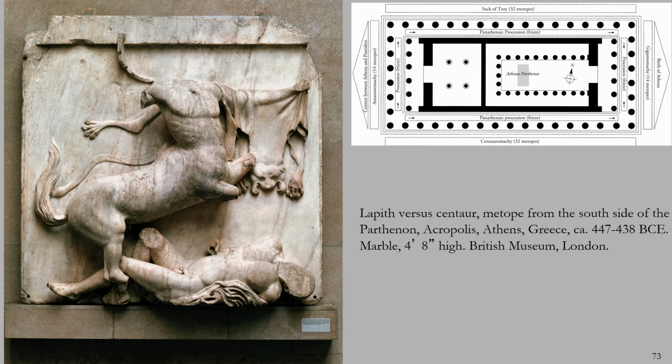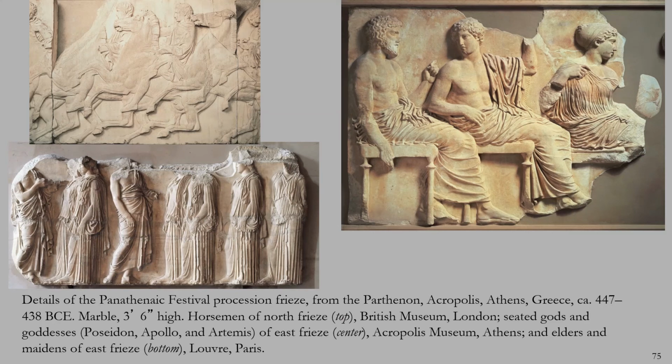It is a frieze, a band of relief sculpture that depicts, and these would have all been painted, of course, the members of the city of Athens participating in the Panathenaic festival. And so the real life citizens, as they participated in this festival and walked up to the Acropolis and to the Parthenon, would have seen themselves on the side of the building.